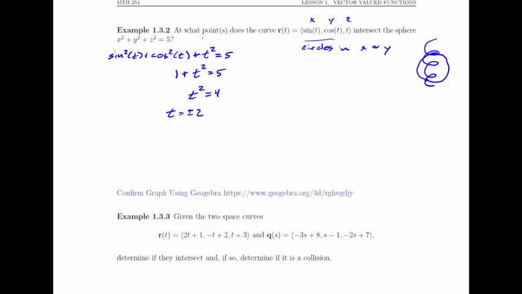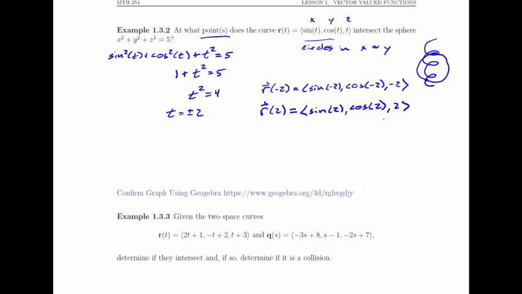But we want the points, right? At what points does this curve intersect with this sphere? So to find that, I'm going to take these and plug them back in and get r of negative 2 equals sine of negative 2, cosine of negative 2, comma negative 2, and r of positive 2 equals sine of 2, cosine of 2, comma 2.